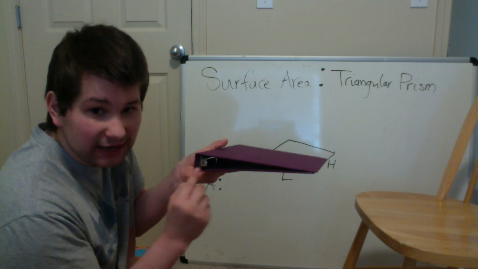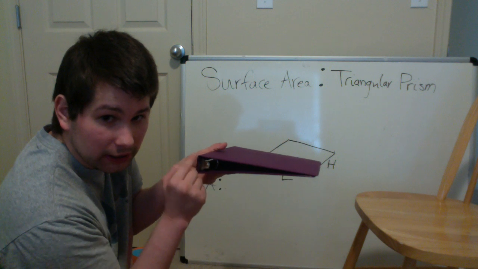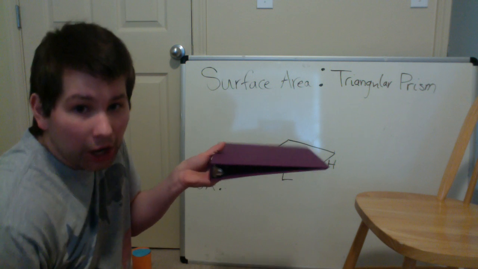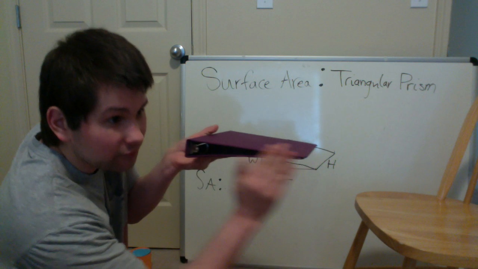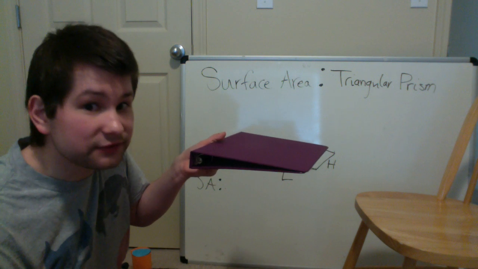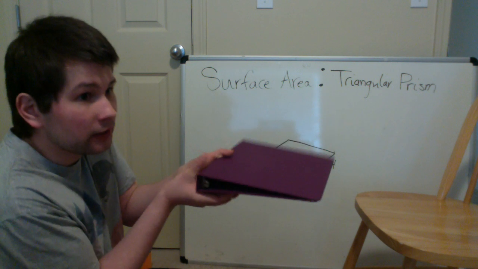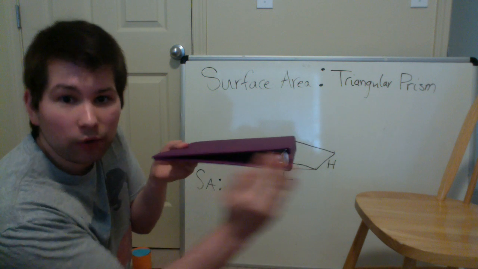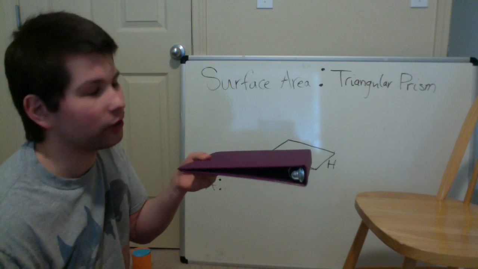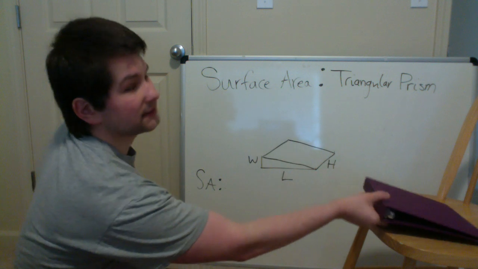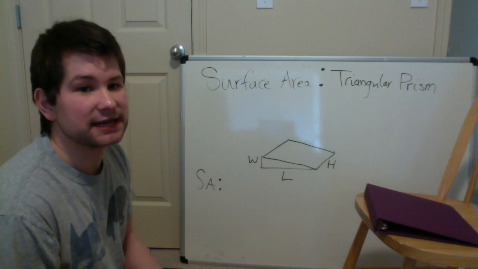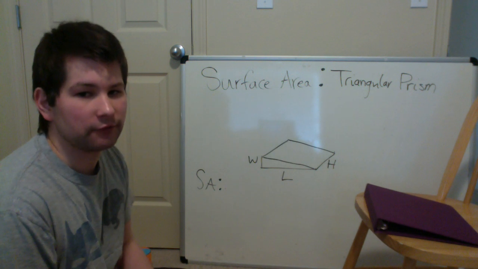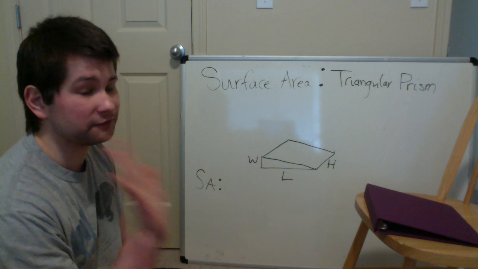We have this tiny little triangle right here. I know it's not a solid surface, right? But we're going to pretend it is for this example, okay? Then the last side is going to be, oh look, it's another triangle. So with the rectangular prism, we had 6 sides we had to count for. In this one, we actually have 5.